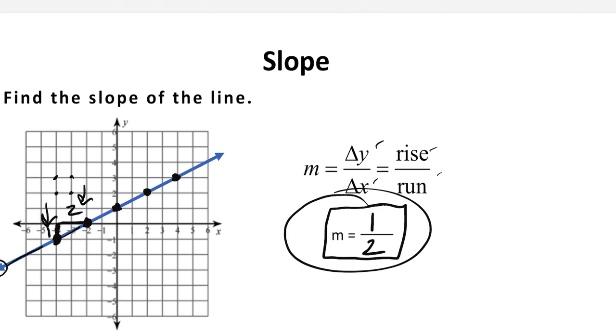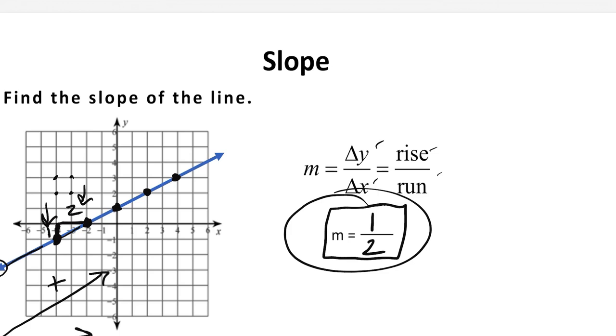One thing that helps: when you see the line on the graph, read it from left to right, like you're reading a book. If that line is going up as you go right, then your slope is going to be positive. If it's going down, it's going to be negative.